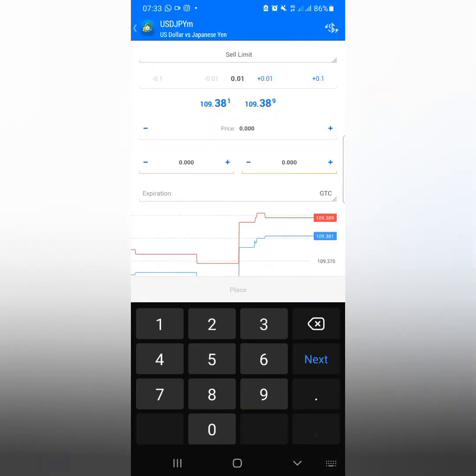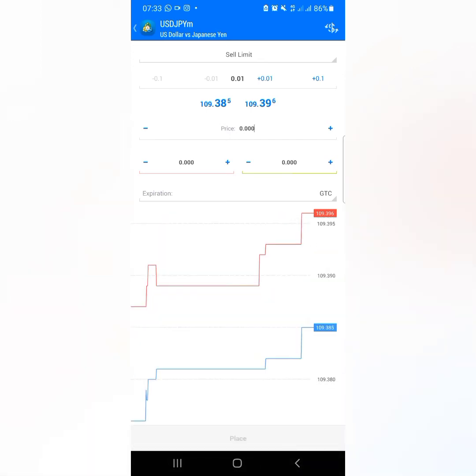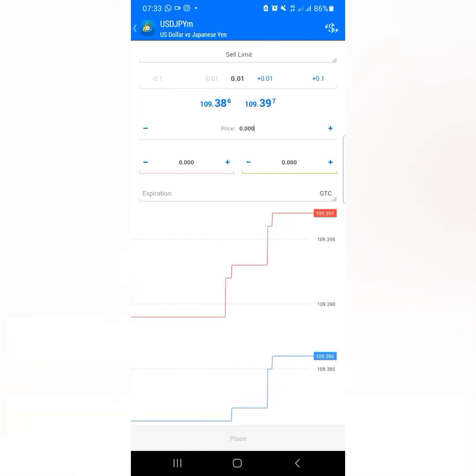Sell limit is when the order is above the price at which you want to sell. I'm going to give you an example. The current price now, you can see this blue or red, you can take it as any of the prices, the current price. It's around 109.38.